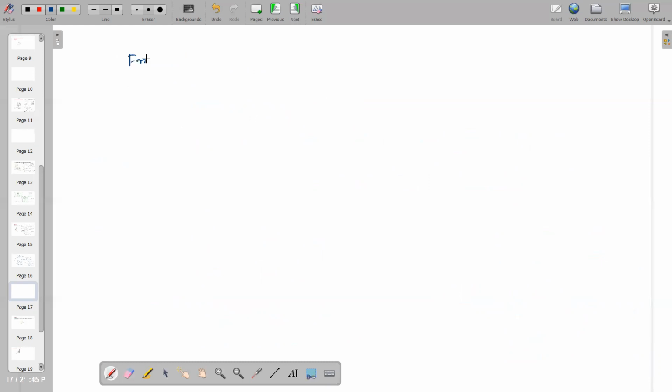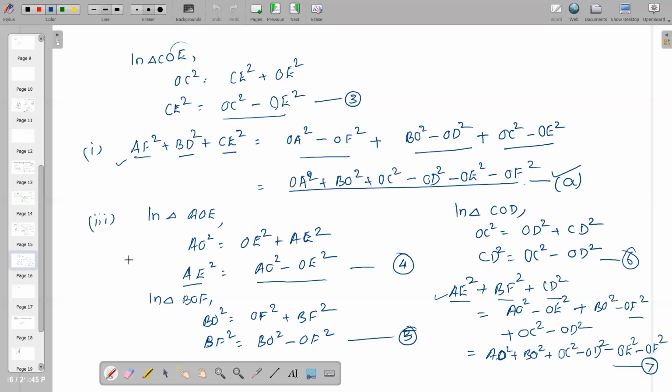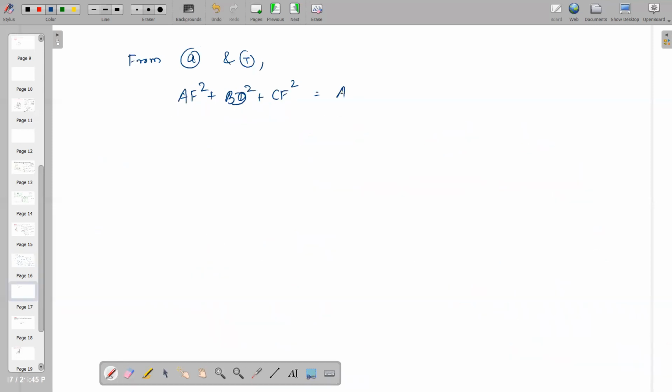So AF square plus BD square plus CE square is equal to AE square plus BF square plus CD square. So hence we proved here. Hence proved. Little lengthy, but need to do it thoroughly. So practice two times, three times to get it.